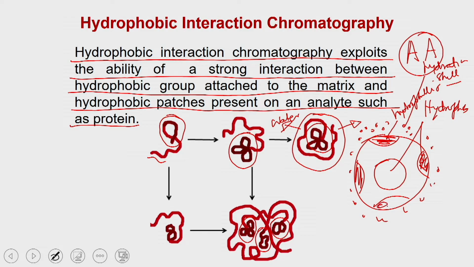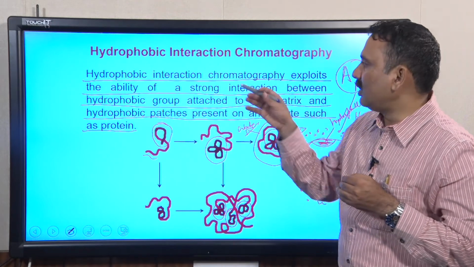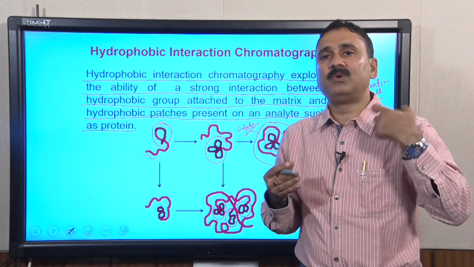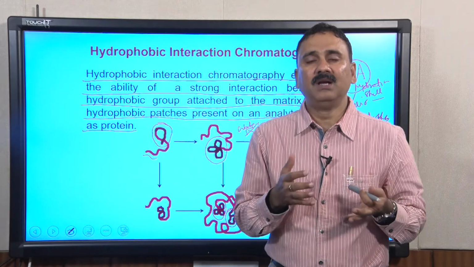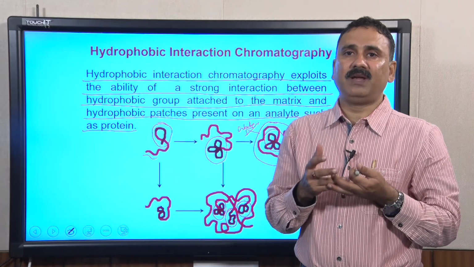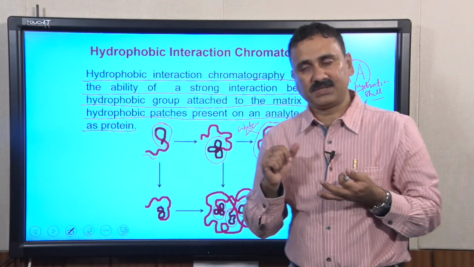If you have to perform hydrophobic interaction chromatography, the first question is how you are going to access the hydrophobic patches, so that the hydrophobic groups present on the beads have accessibility to these groups and can bind. For that, you first have to remove the hydration shell in a milder way, so that you can access the hydrophobic patches.